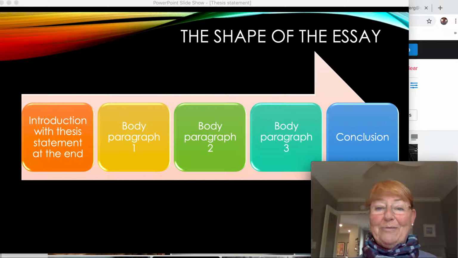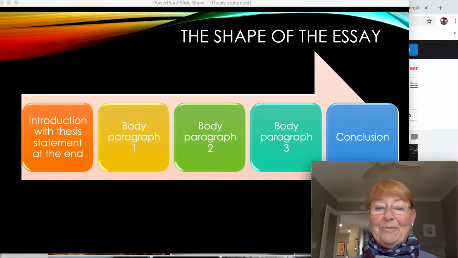Now, some thesis statements include a predictor. A predictor is a statement that predicts or tells you what's going to come.